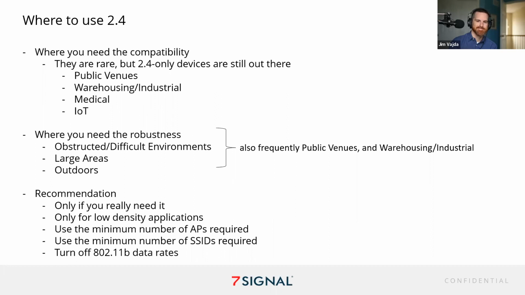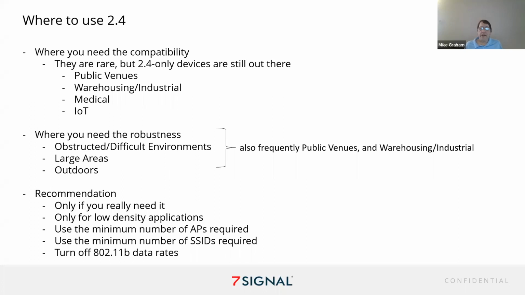So, you know, some recommendations: only if you really, really need 2.4. I think for most carpeted areas, office type spaces, we probably turn it off, only for low density, both low user density and low access point density applications. Minimum number of APs. Try to hold down that management traffic explosion.